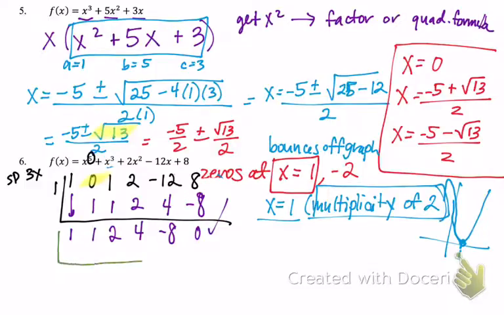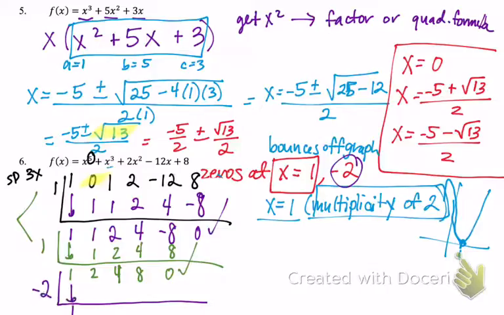I'm going to use 1 again because it is 1 twice, because it bounces off the graph. 1 times 1 is 1, 2, 2, 4, 4, 8, 8, 0.